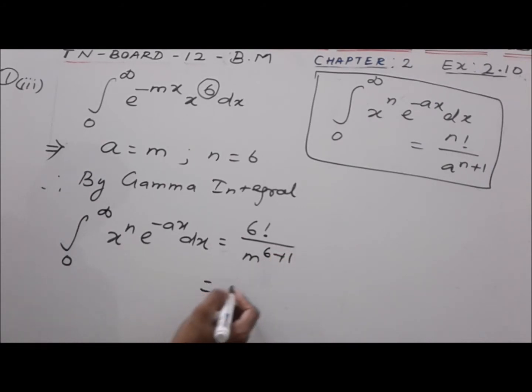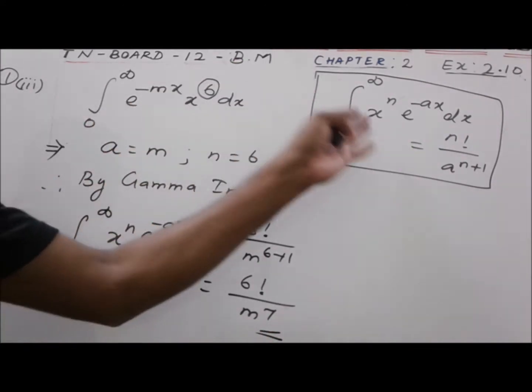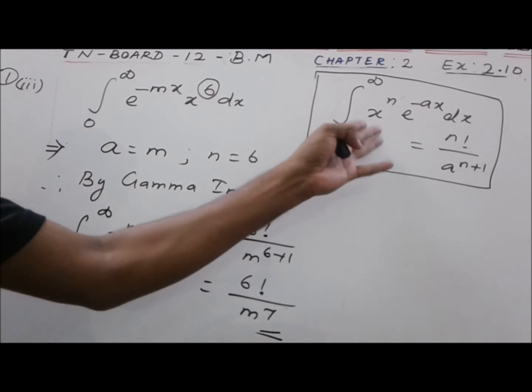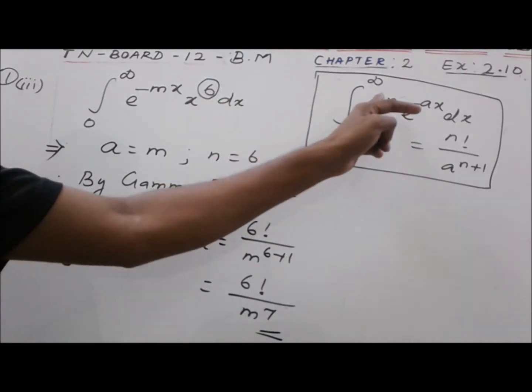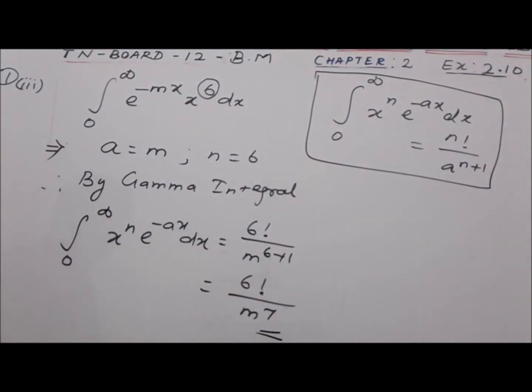That is equal to 6 factorial divided by m power 7. We can stop at this step. That's enough. It is a simple thing: just comparing with the gamma integral result, observing the value of n and a, and substituting in the result, we get the answer.